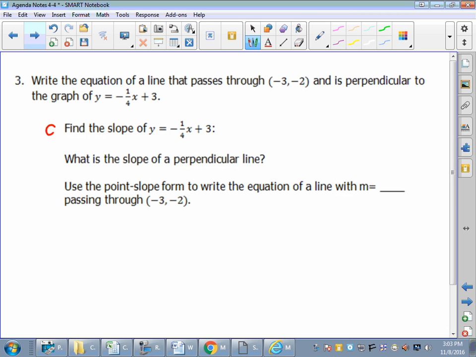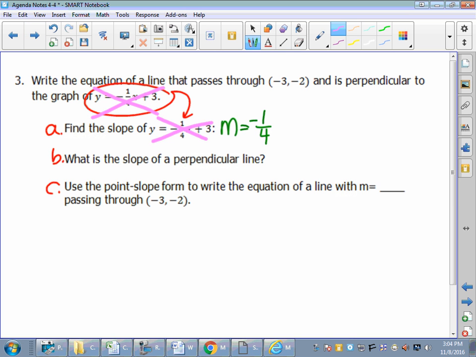The first thing we've got to do is find the slope of this equation right here. So what is the slope of this equation? Negative 1/4, right? Once I pull that negative 1/4 out of there, I put a big X through this equation. I don't need it. I'm not going to do anything else with it other than find the slope. So step 1, find the slope.